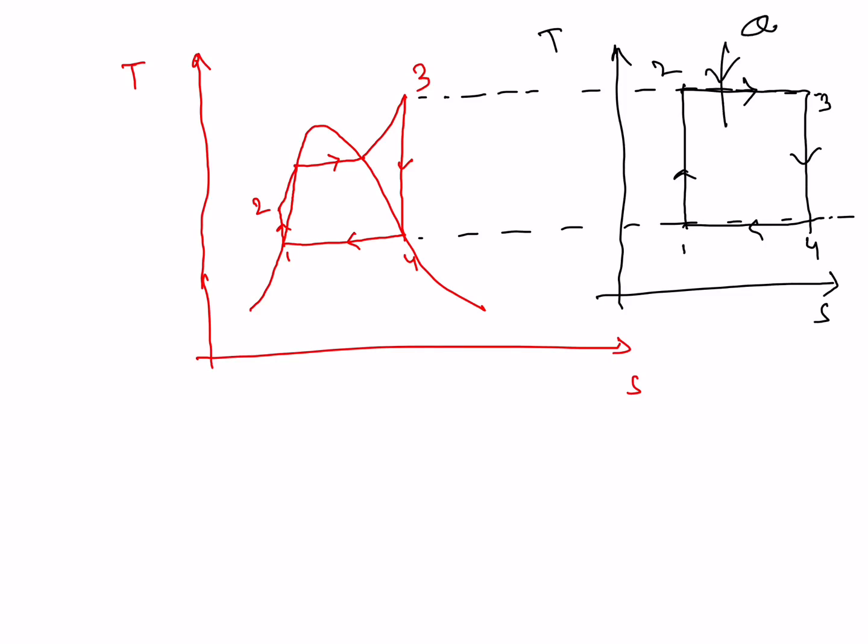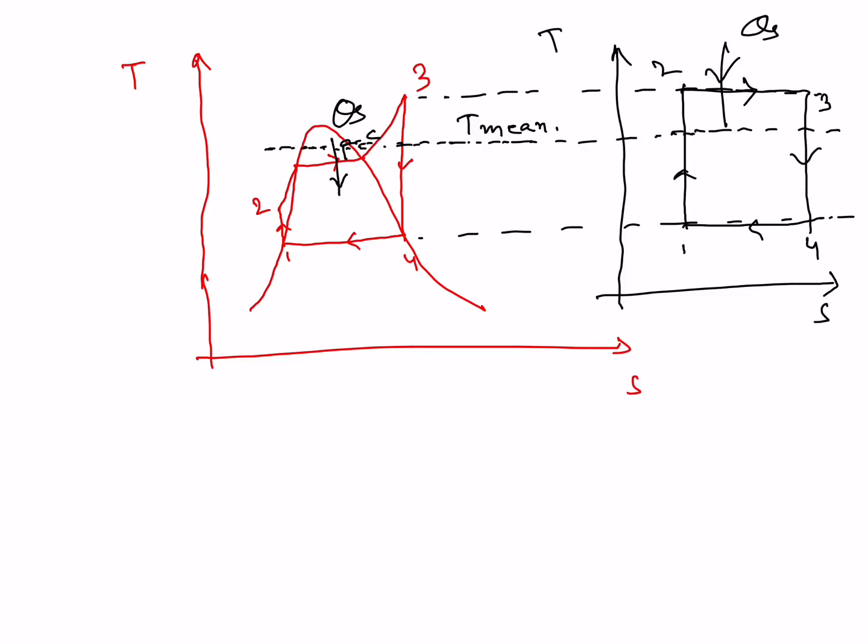Here you will get Q supplied, or heat addition, in a constant temperature process. But in the Rankine cycle, heat supply is not a constant temperature process, it's a constant pressure process. So to calculate, you have to take the mean temperature of heat addition. If you take the mean temperature of 2 and 3, you will get T mean here.